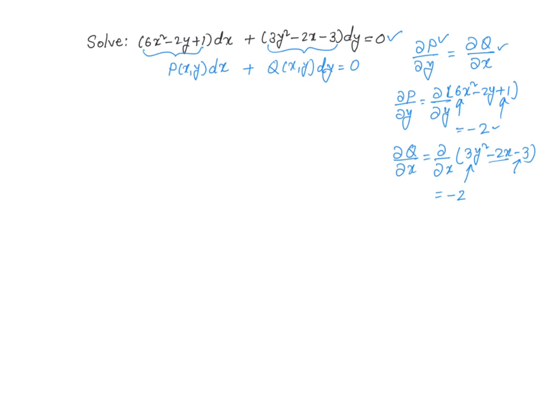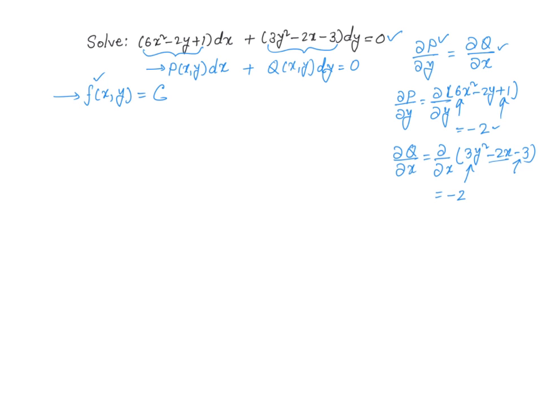If you have an exact differential equation you're trying to solve, the general answer format is going to be f of x comma y is equal to some arbitrary constant c. Now, how do we go about finding the solution f of x comma y? It's not too hard. We know that P of x comma y is the partial derivative of f with respect to x.